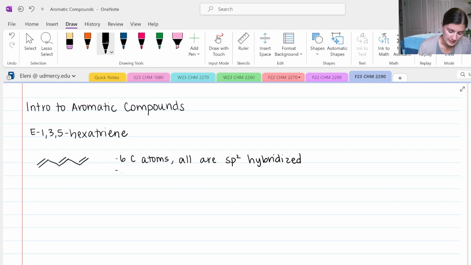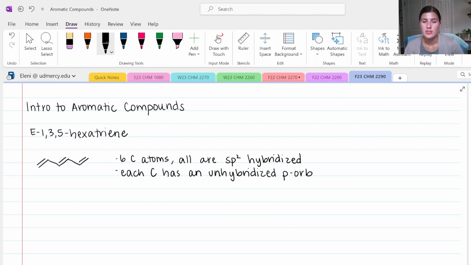Which means each carbon has an unhybridized p orbital. So my question is, is this a molecule with conjugation?